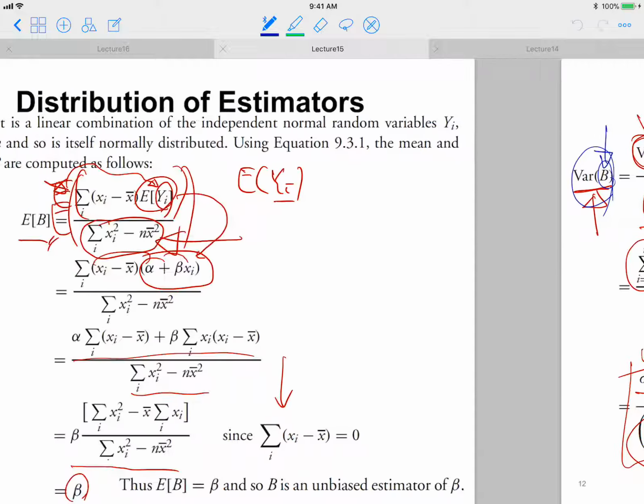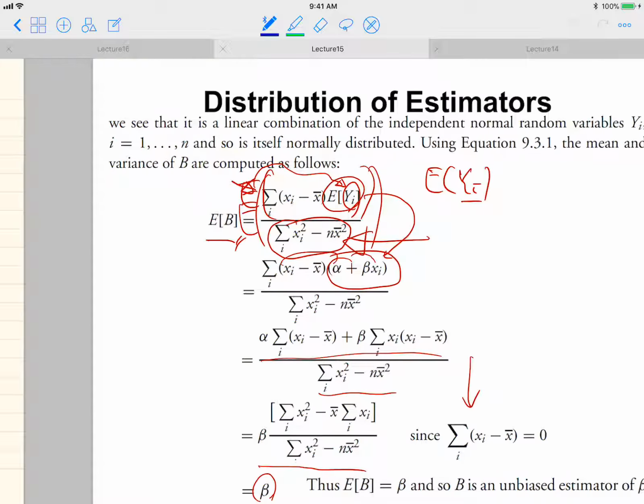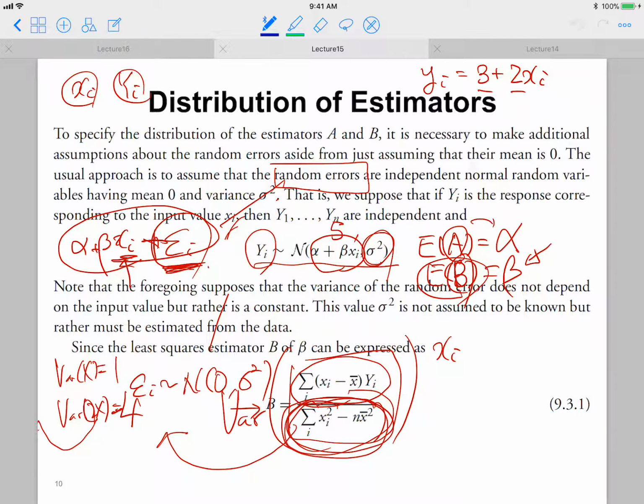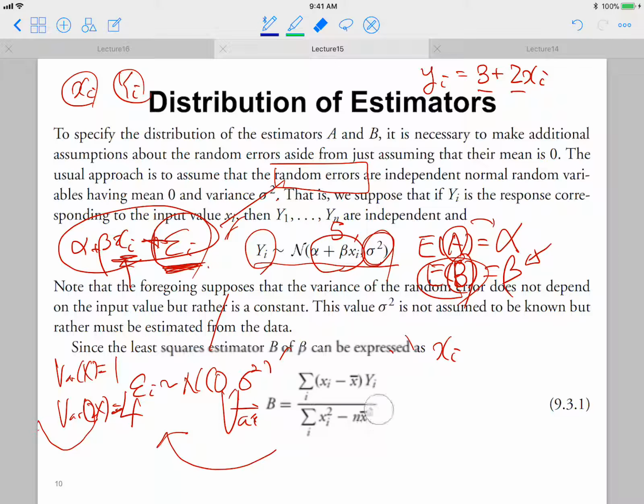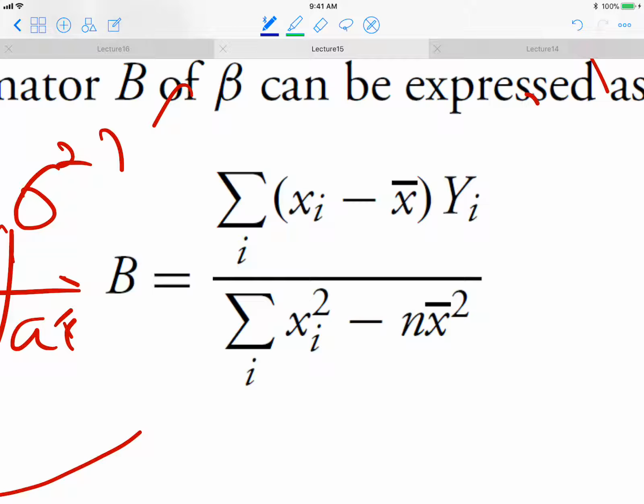Okay, let's look at why. So this is our B. In this expression, we see xi and n and x bar and yi. What is the random variable? Yeah, only this yi is the random variable.